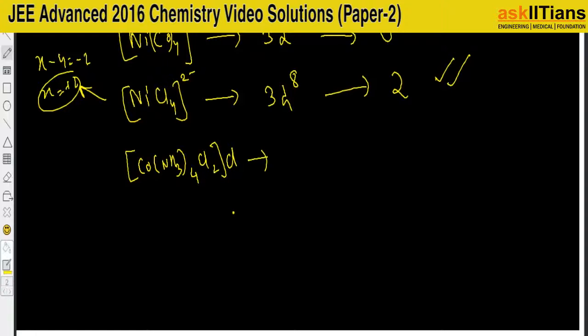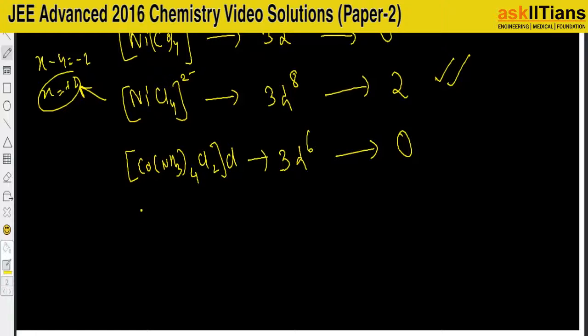And when you calculate, you will find that the configuration cobalt is getting is 3d6. But again, the NH3 ammonia which is present over here is a strong ligand, right? You cannot ignore it. So the electrons will be paired up, and hence there will be 0 unpaired electrons, guys.